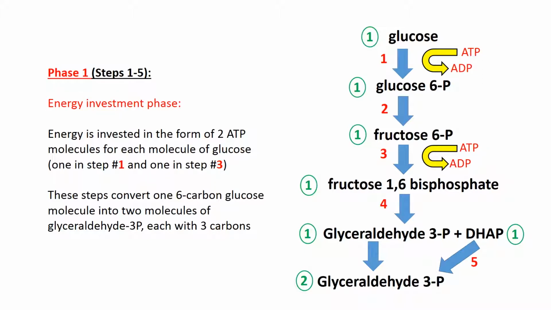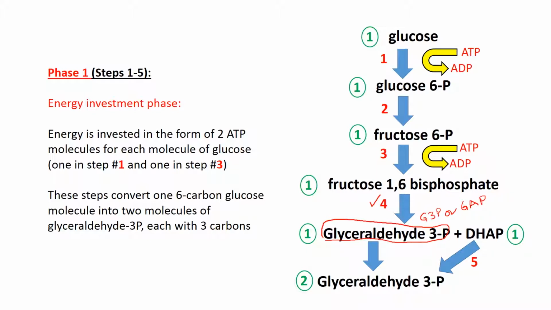Now in step 4, the fructose 1,6-bisphosphate is broken down to 2 separate 3-carbon molecules. So reaction 4, or step 4, this fructose 1,6-bisphosphate is split. And it's split into the 2 molecules, one of them being called glyceraldehyde 3-phosphate, often abbreviated as G3P, but you'll find it abbreviated as GAP, and GAP stands for glyceraldehyde phosphate.